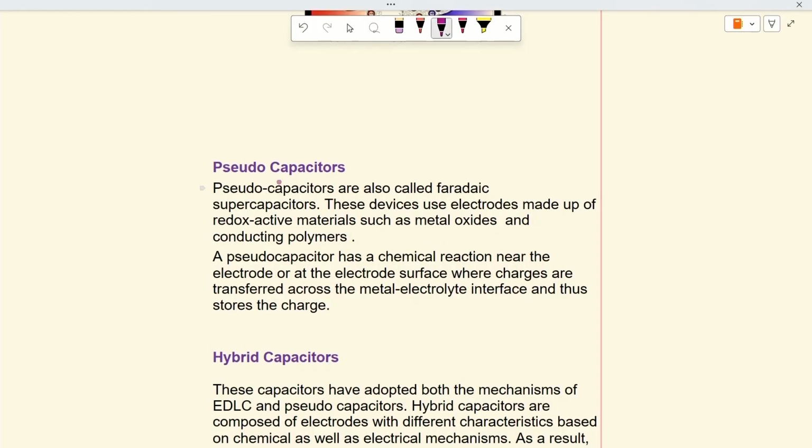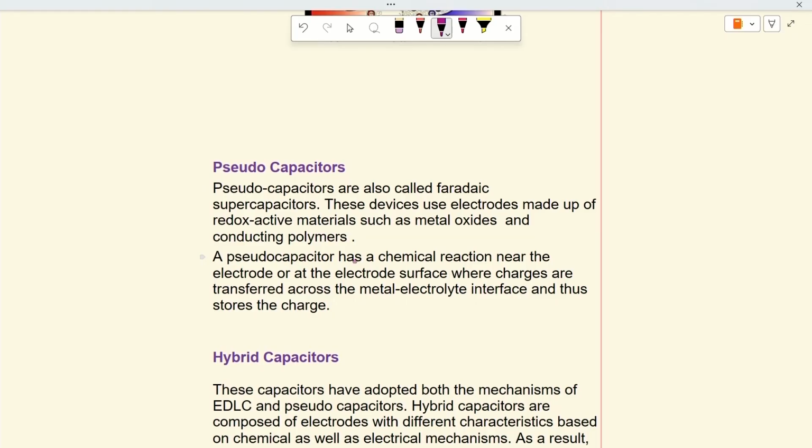Now, here in pseudo capacitors, there will be a redox reaction taking place at the electrode surface. Okay. And due to that there will be an electrical double layer created. Such are known as pseudo capacitors.